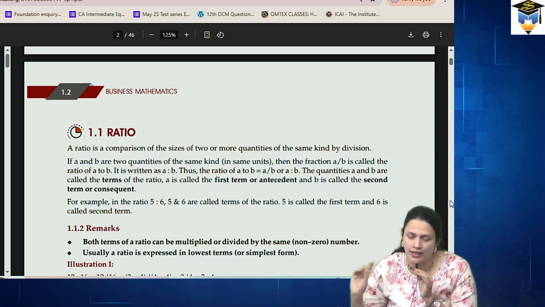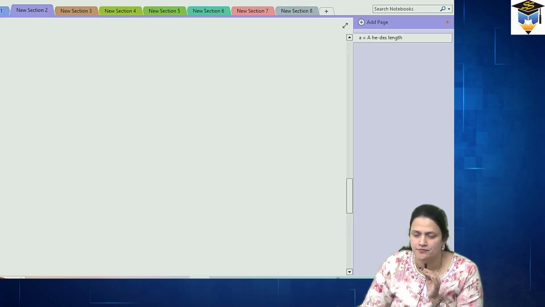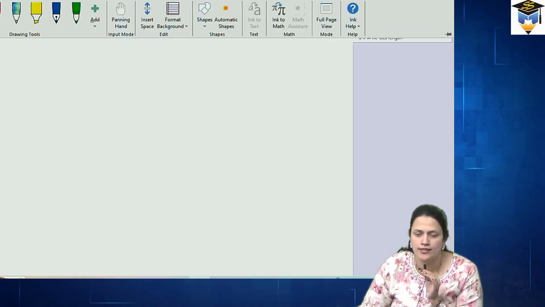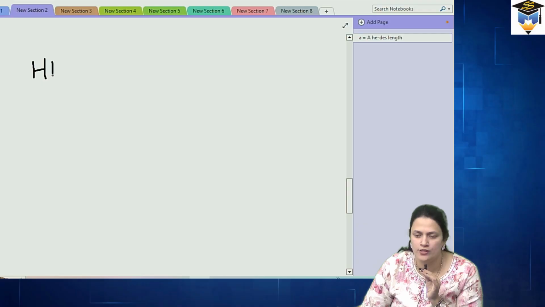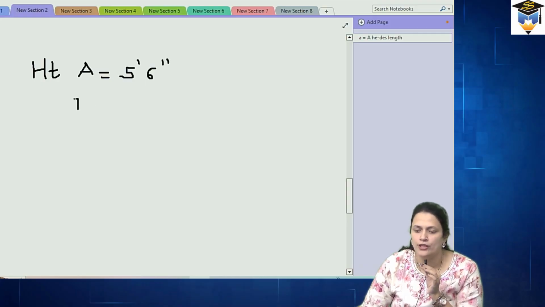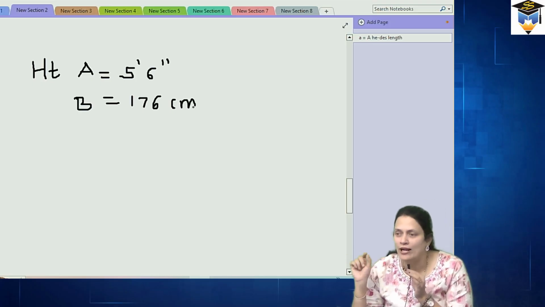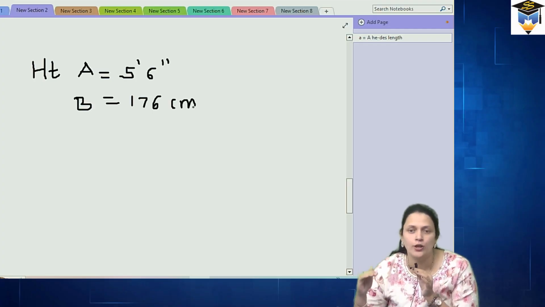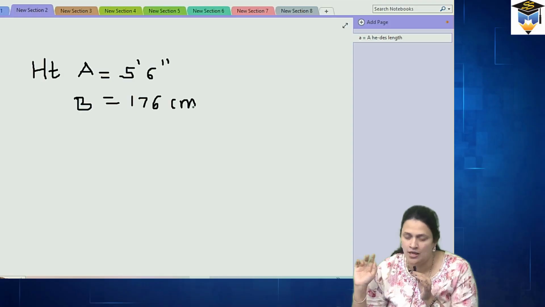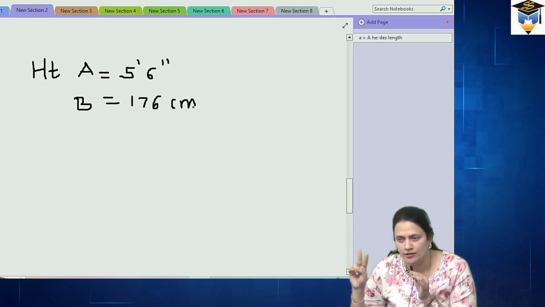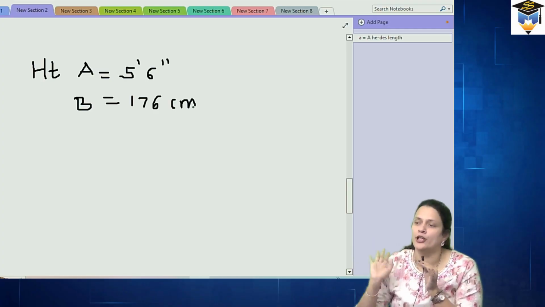Let's say, for example, the height of student A is given as 5 feet 6 inches, and the height of student B is given in centimeters, 176 centimeters. If I tell you to take the ratio of the height of A to the height of B, now there are two quantities given in different units.